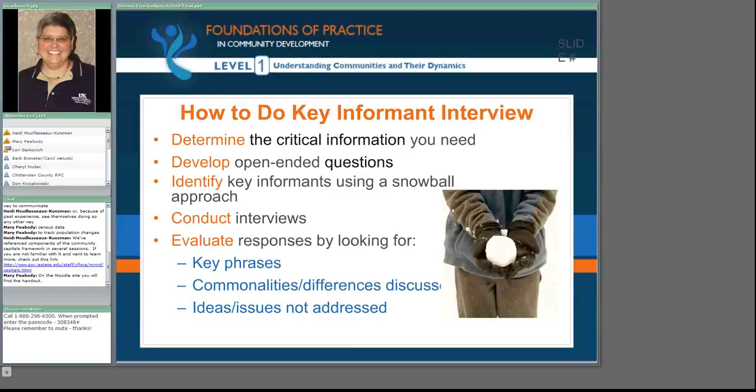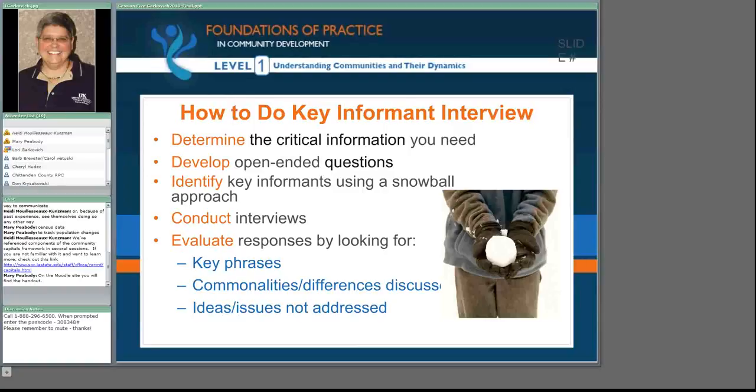So if it's something about we want to address issues related to education, both from childhood to adulthood in this community, clearly you would want to talk to some people as key informants who are involved in the local school system. But you would also want to know, is there a community education program here, an adult education program in this community? What does someone with the library or the Historic Society have to say about this?